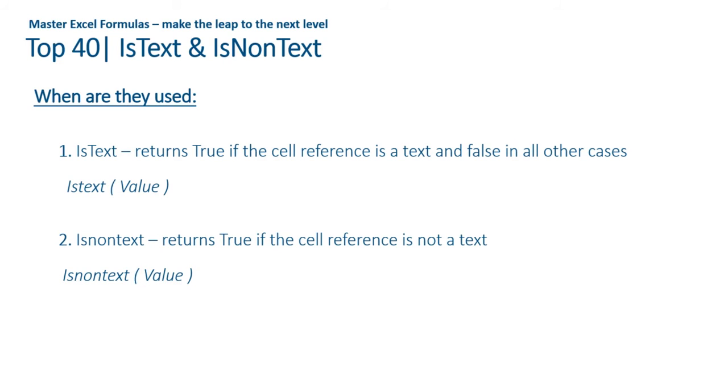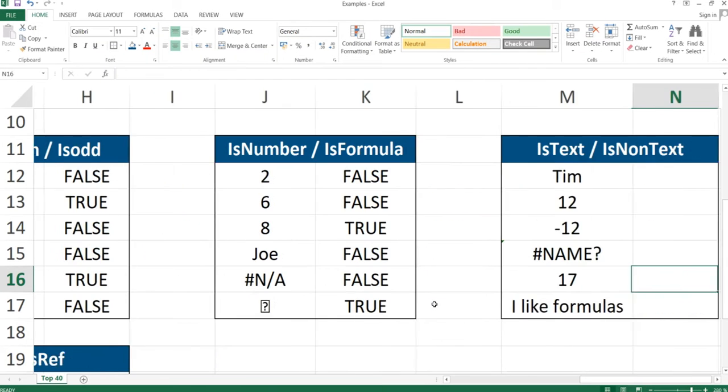ISTEXT returns true if the specified value is actually text. If it's not text, it's going to return false. ISNONTEXT does exactly the opposite. It returns true if the specified value is not text, and false in all other cases. Okay, so the example is here.